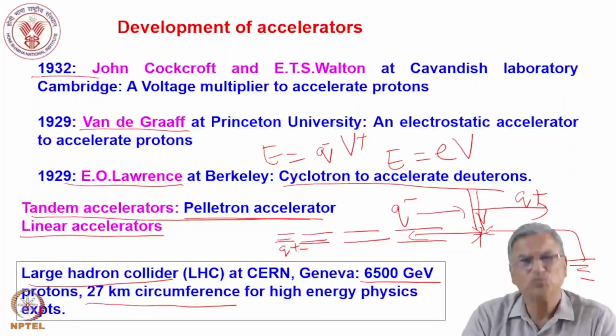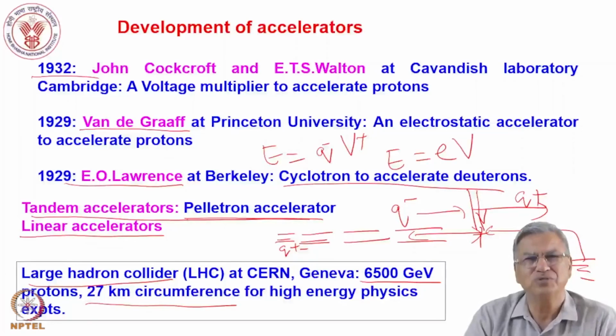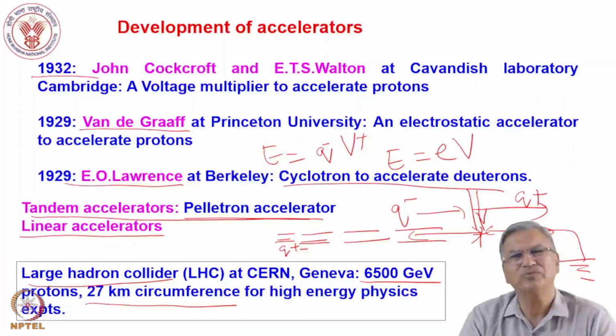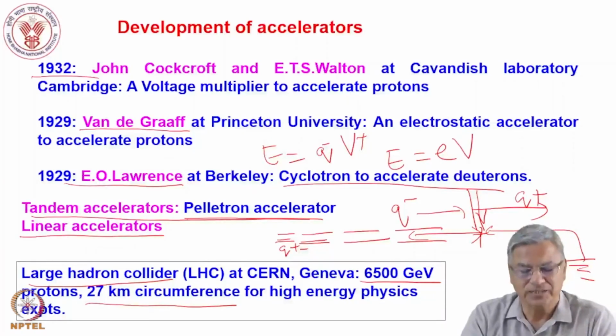When two protons collide, you can generate a lot of energy, and from that energy many other particles, like baryons, quarks and leptons, can be produced. So it is like a factory to produce different types of particles. That is how high energy physics has advanced because of developments in accelerators.